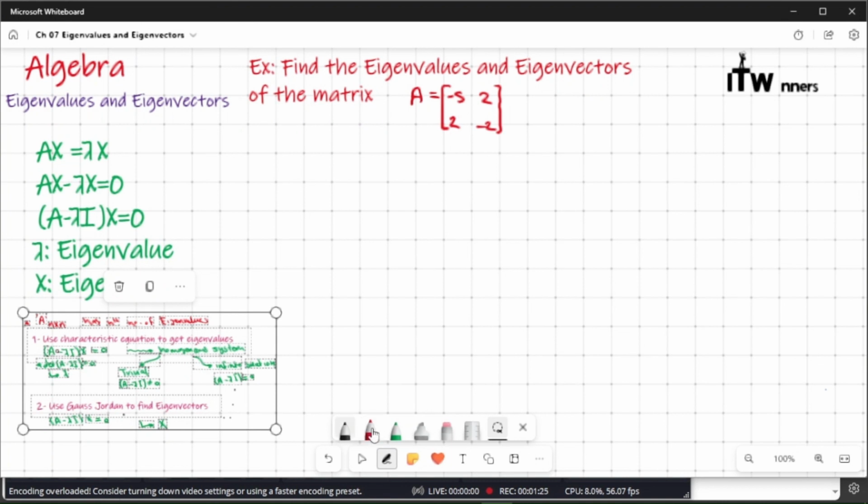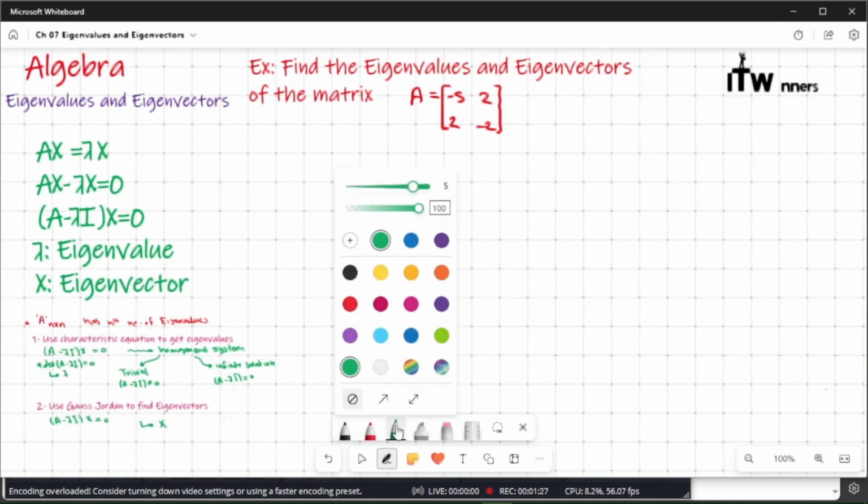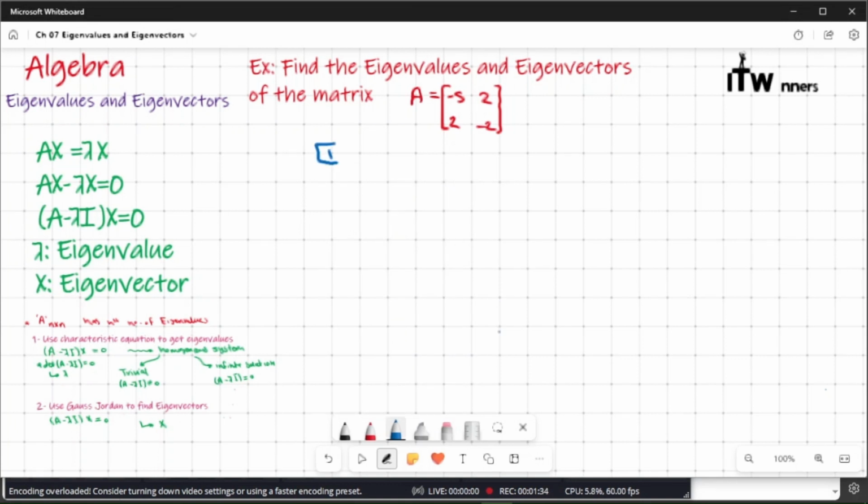So let me find it: first step is to make the determinant of A minus lambda I equal to 0.